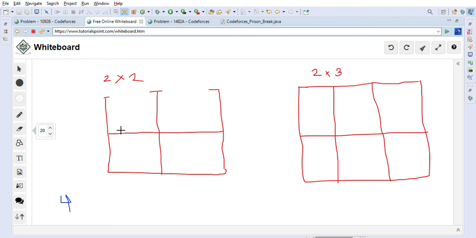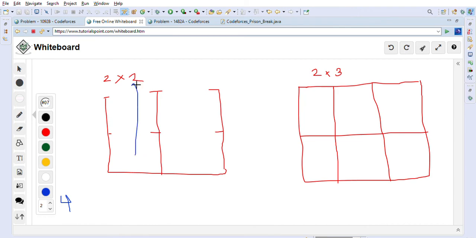Now we still have to break this wall and this wall, so a total of 4 walls we have to break so that all the cells can go out. These cells can go out like this, these cells can go out from here like this. So total again 4. So this is the way for a 2 by 2 matrix.